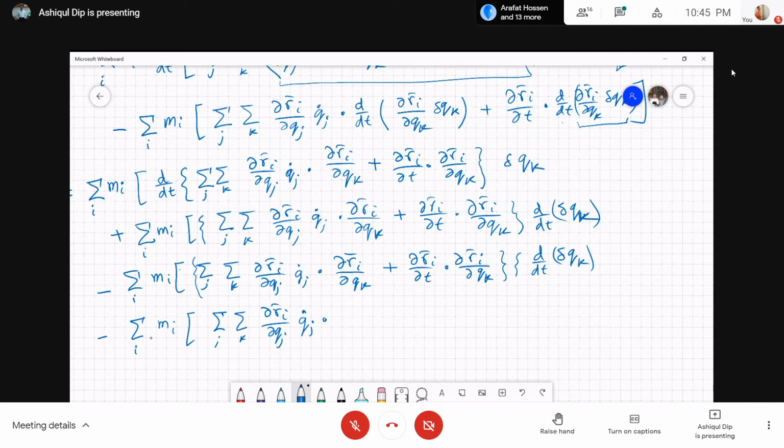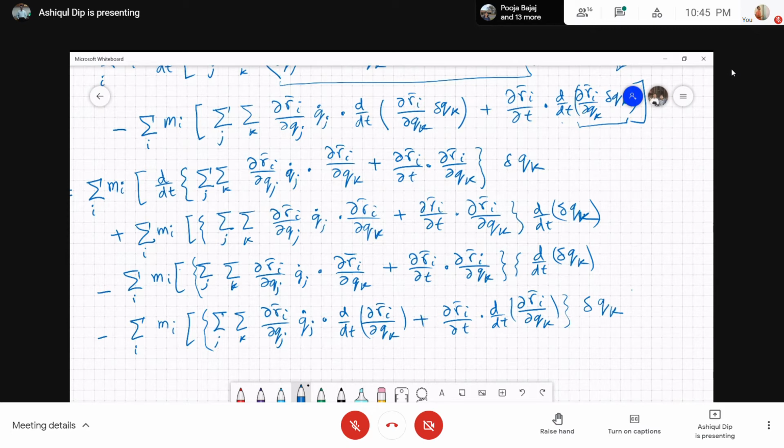So derivative of that thing, ddt of delta ri by delta qk, this thing, plus delta ri by delta t dot ddt of delta ri by delta qk, and then finally, out of the parenthesis, we have variation of qk.